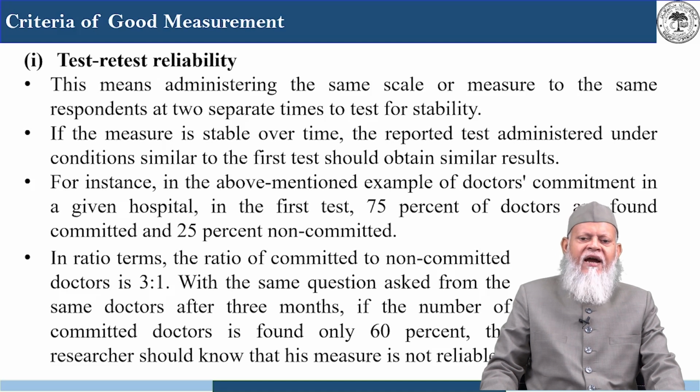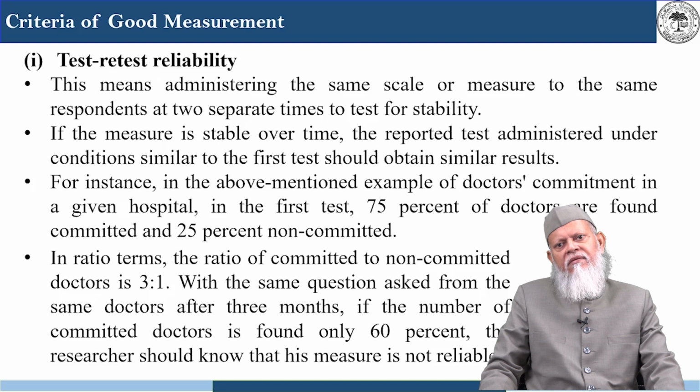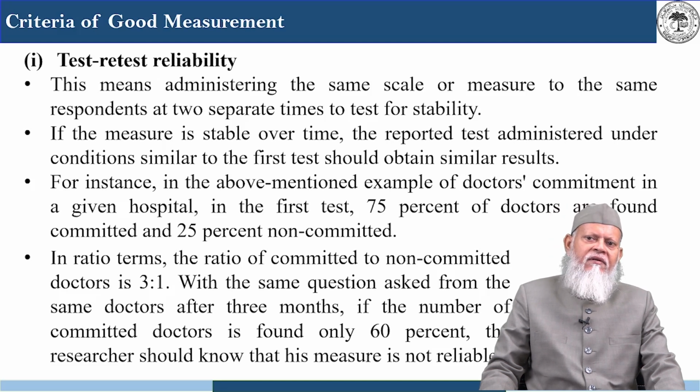That is, we have to check the reliability of the test on the same respondent at two separate times. So, we went to a hospital and interviewed the doctor, the respondent, and this time he responded that 75% are committed while 25% are not committed.